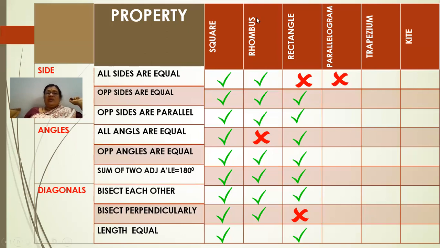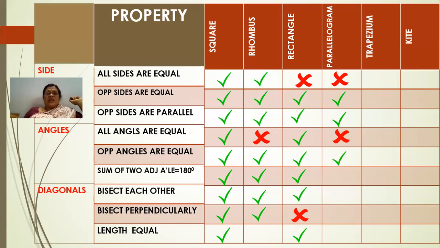Now, the 2D shape, that is parallelogram. Are the sides in a parallelogram all equal? No. Only the opposite sides are equal. Are the opposite sides parallel with each other? Yes. Regarding angles, are all the angles equal in a parallelogram? No. There will be two acute angles and two obtuse angles.